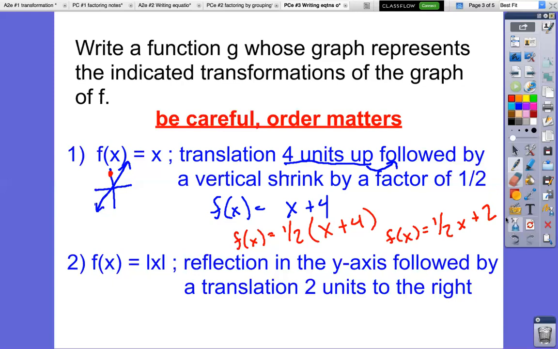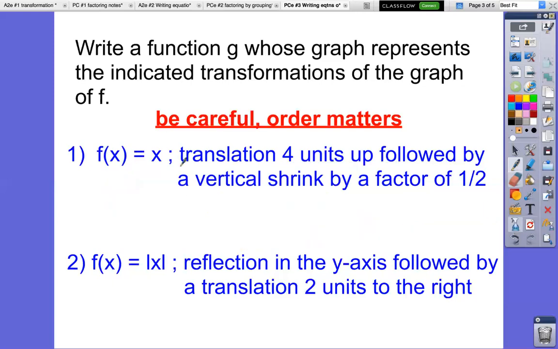Now, before I do number 2, I'm going to give you another one. Let's just say it was an absolute value. Let's say that this is my question. It doesn't really change. So 4 units up, my first one would just be this. And then if it's followed by a vertical shrink, the vertical shrink would take half of everything, but it's going to go out front here.